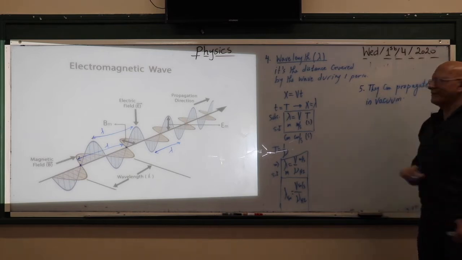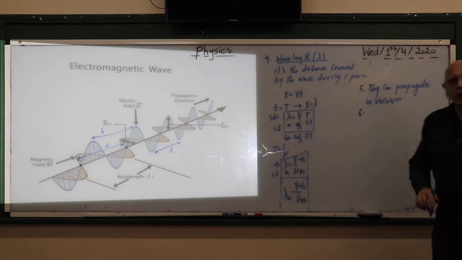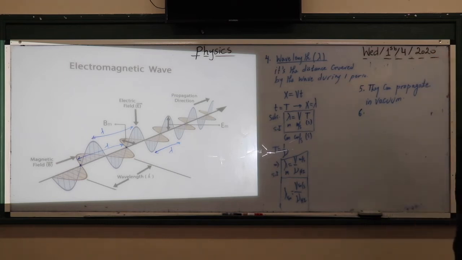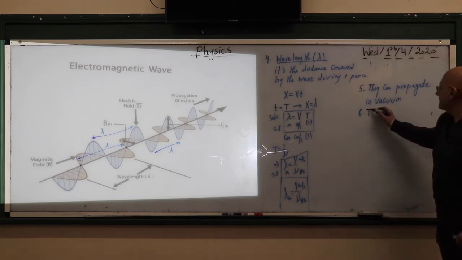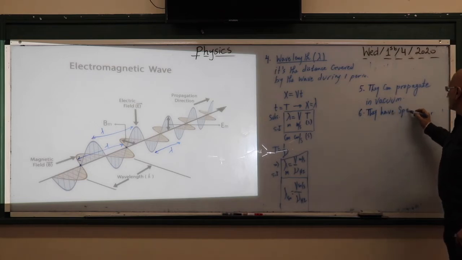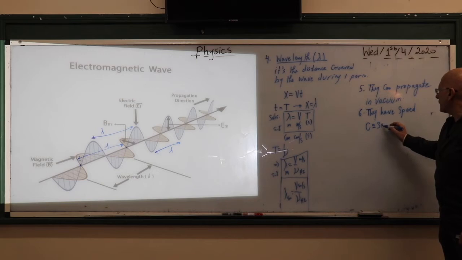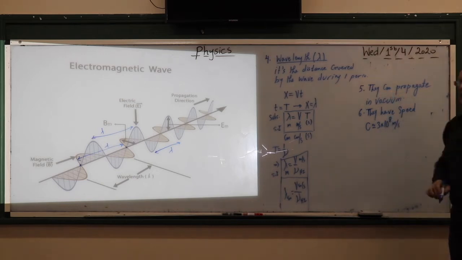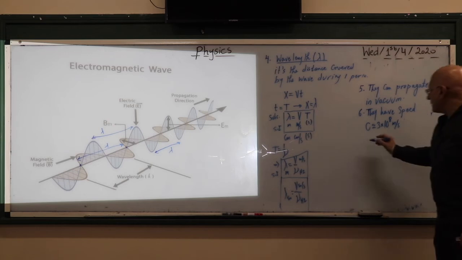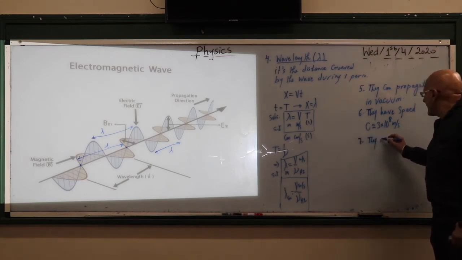Also, in vacuum, all of them have a speed c approximately equal to 3 times 10 power 8 meters per second. And all of them are transverse.